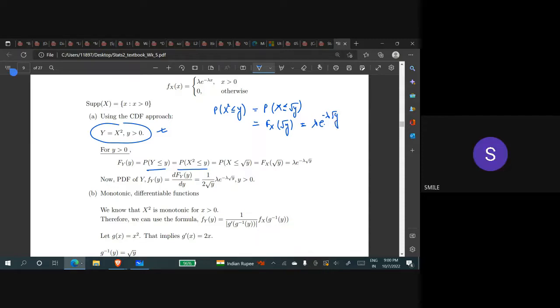Ma'am, Fx is the CDF, na ma'am. CDF it is. It is 1 minus e to the power minus lambda x. Okay, there is a mistake here. So 1 minus e to the power minus lambda root y, this is what you get. Now you differentiate it.